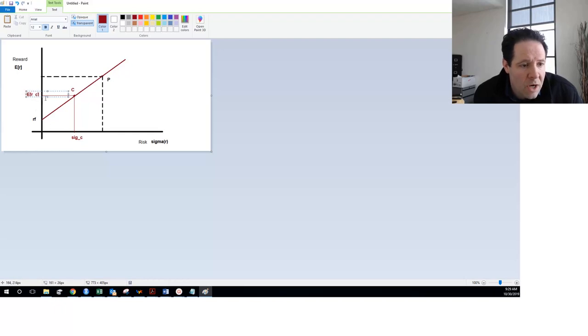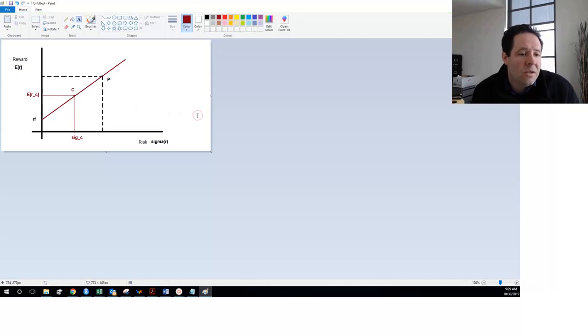And the investor is able to choose points like C that are along this capital allocation line. How does that investor choose this? Well, the only thing that the investor can do is choose a fraction of wealth to put into the risky portfolio versus the risk-free portfolio.